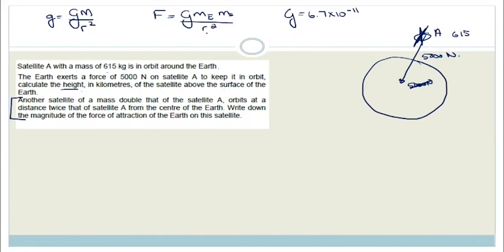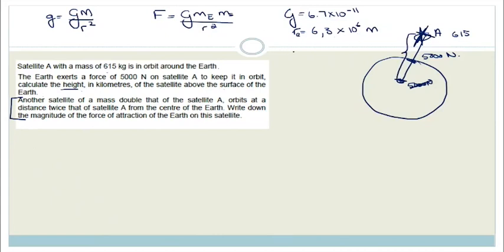Do you agree that we again need to use the radius, which we've been given, as 6.3 times 10 to the 6 meters? That's from here to here, because obviously this distance includes the radius. So we need the radius of the Earth, 6.3 times 10 to the 6.